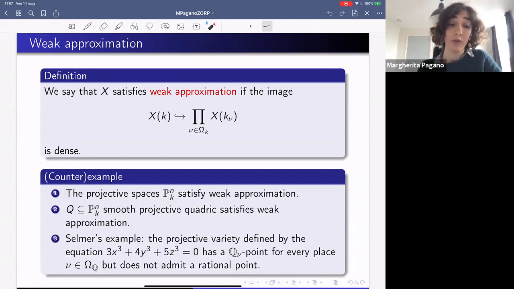Selmer has also proved that this equation does not admit a non-trivial rational solution. So this means that the set of rational points is empty, while the product over all the places of the Q_nu-points in this case is non-empty. So of course the set of rational points cannot be dense inside this product.